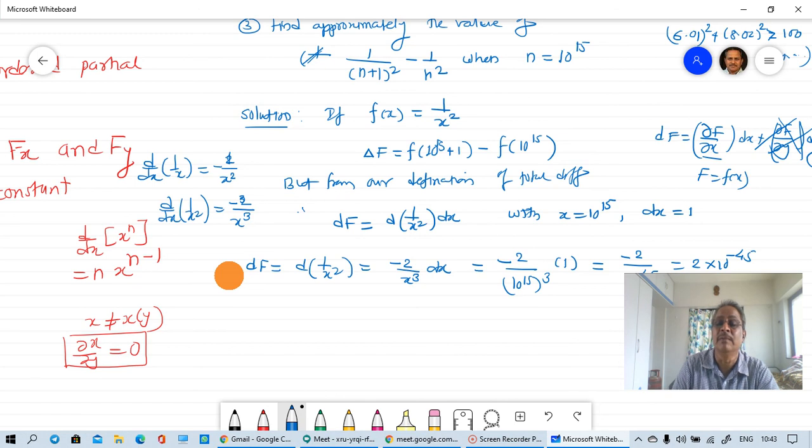Remember, whatever number we have calculated, this is approximate, but there is no calculator available. Maybe in a computer it is possible, but a scientific calculator is not able to carry out this type of calculation.